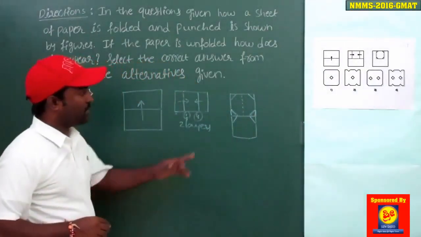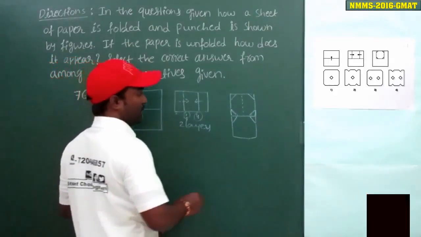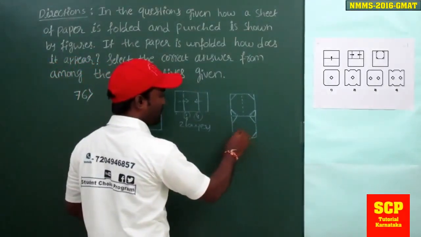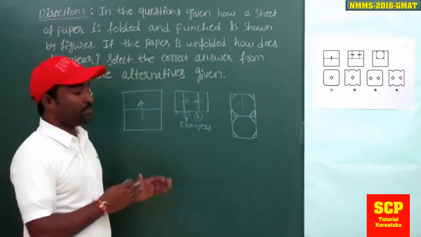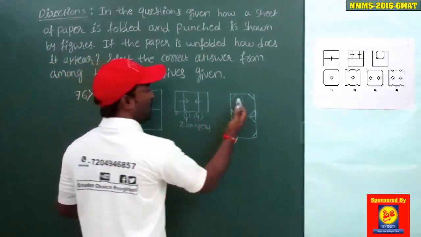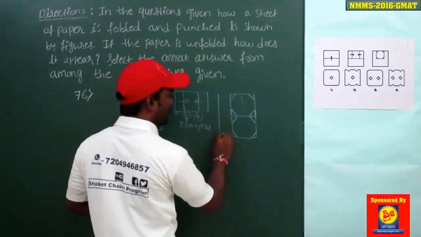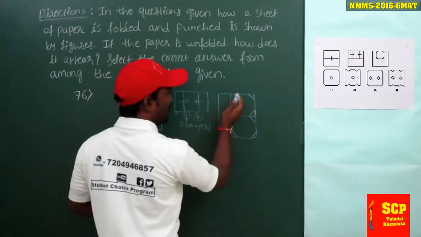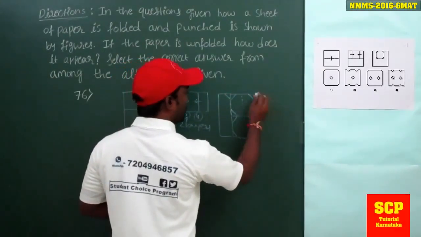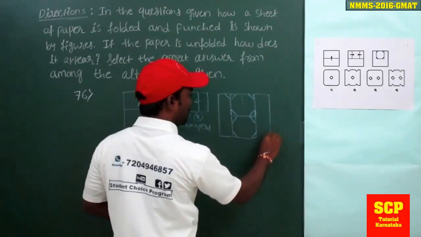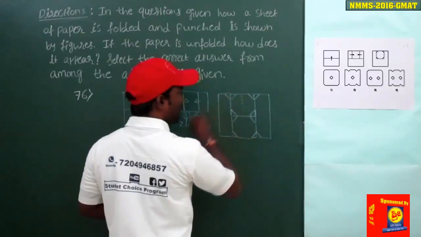Okay. Next, the paper is cut at this point also. They will appear like this. Next, the paper should be unfolded like this. That means the paper will appear here, and the cuts also appear like this. And then this paper is unfolded in this direction, and this cut will appear here, and this cut will appear here.